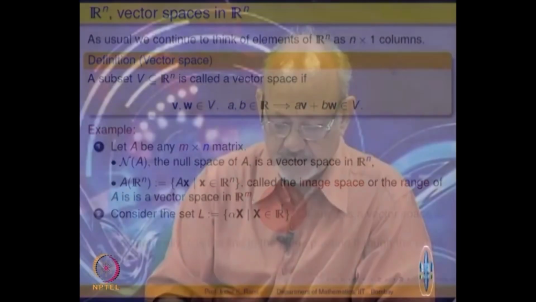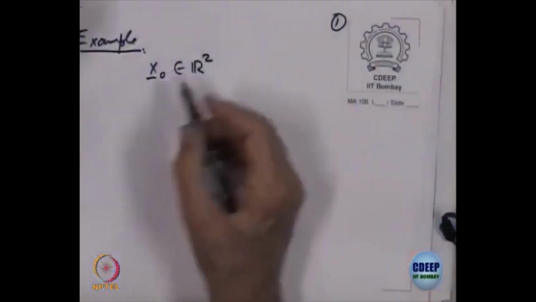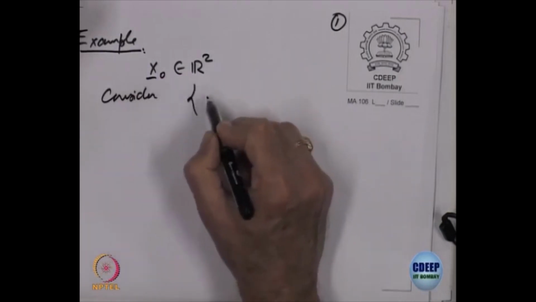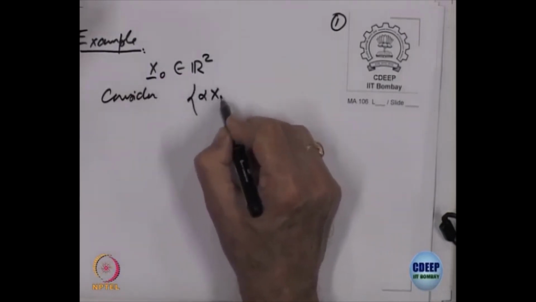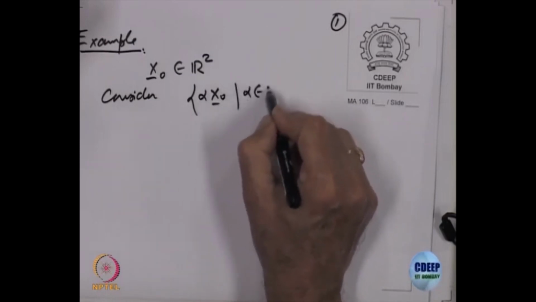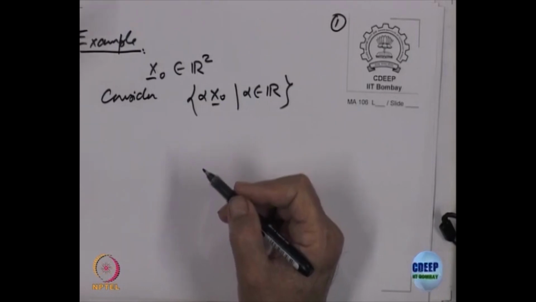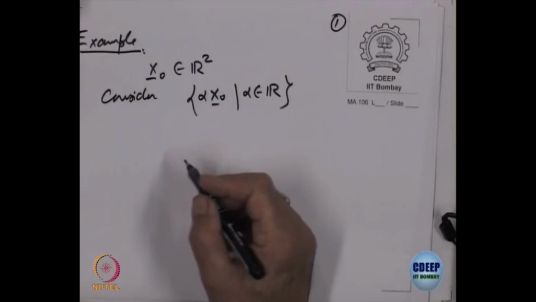So, let us take a vector x0 in R2 as a fixed vector. Consider the set of alpha x0 where alpha is in R. I have a fixed vector x0 and I multiply it with different scalars.